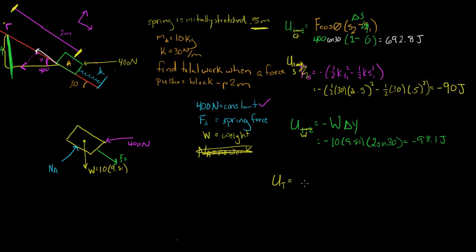So this is going to be equal to the work by the constant force plus the work of the spring plus the work of the weight. So this is equal to 692.8 plus minus 90 plus minus 98.1, and the total work of the system is equal to 505 joules.